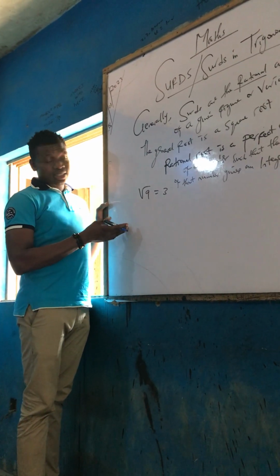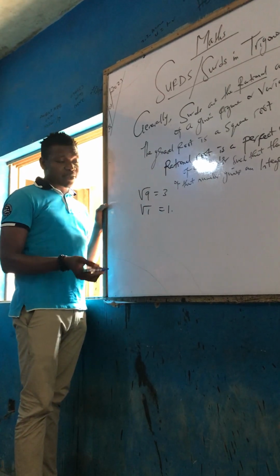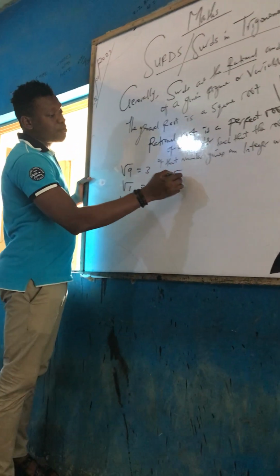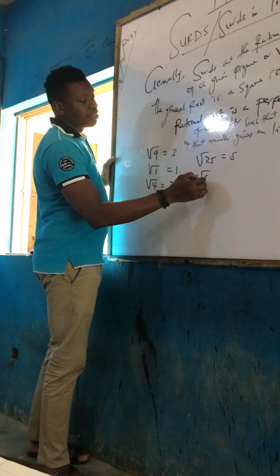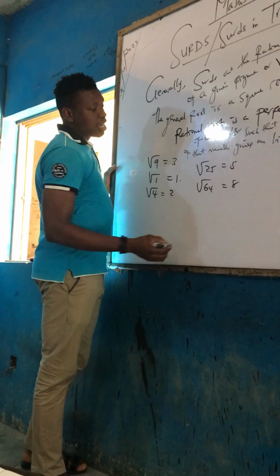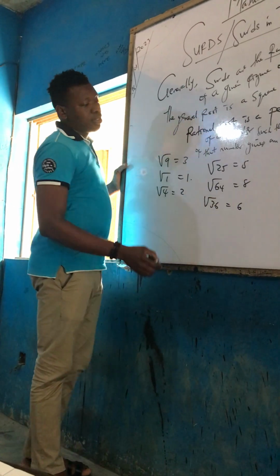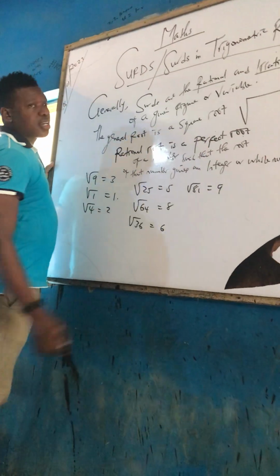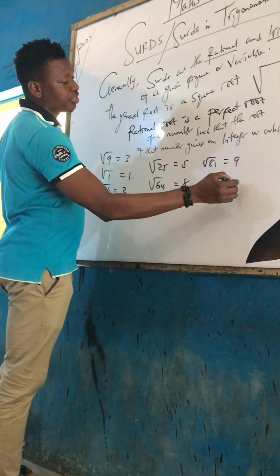Are we getting it? Root 1 will give us 1. It's very perfect. Root 4 will give us 2. Root 25 will give us 5. Root 64 will give us 8. Root 36 will give us 6. Root 81 will give us 9. Root 100 will give us 10.